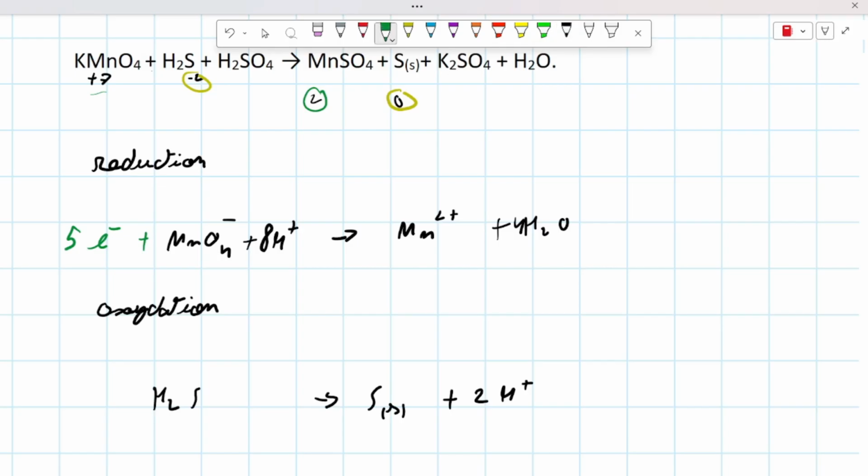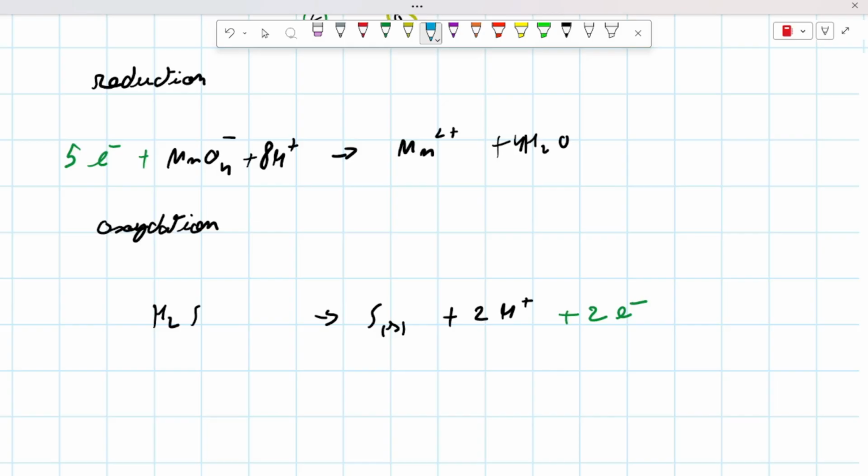Here, for the oxidation state, we went from -2 to 0, so for this side to be equal to -2 like the other side, we will need to add 2 electrons. But now we can see that our reduction and our oxidation don't engage the same number of electrons.